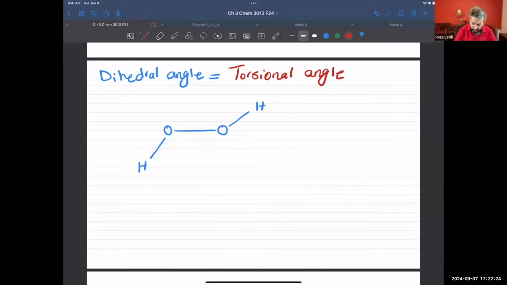This angle, we call it bond angle. But the angle between the first hydrogen, oxygen number one, and then oxygen number two, and hydrogen number three, that angle, we call it the dihedral angle.